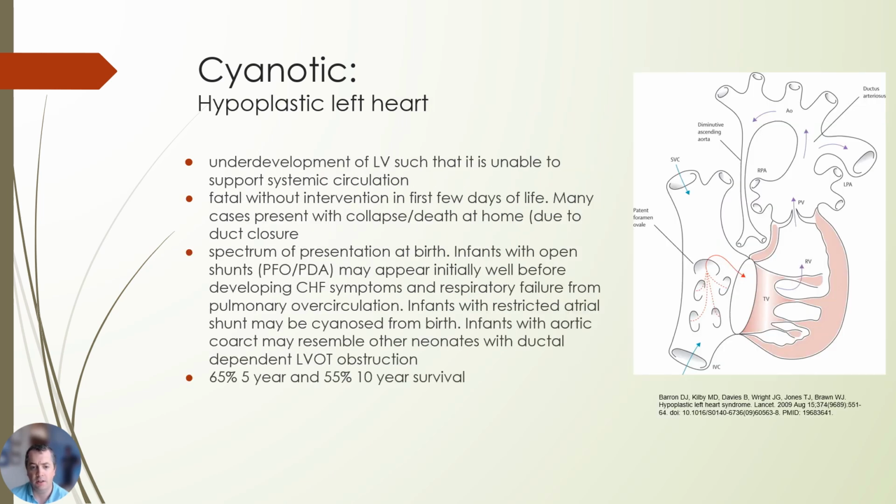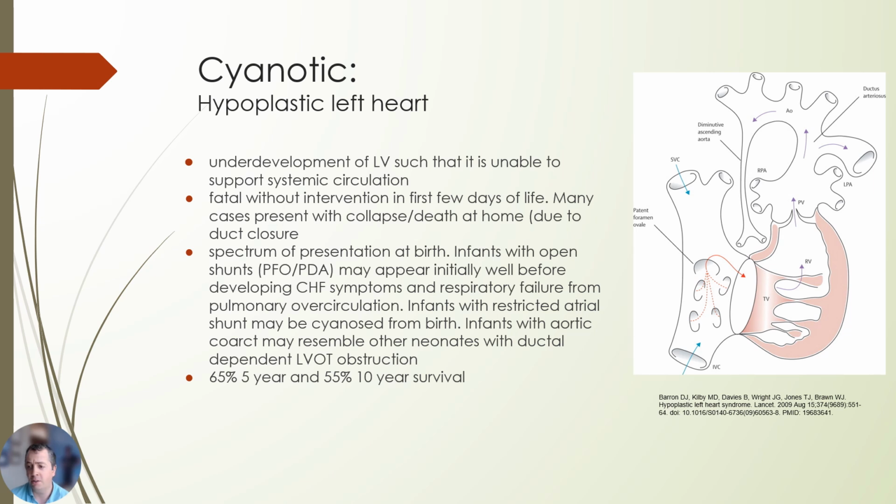Hypoplastic left heart, another cyanotic heart lesion, is underdevelopment of the LV such that it is unable to support systemic circulation. Without intervention in the first few days of life, it's fatal, and in some cases babies collapse or even die due to closure of the duct. There is a spectrum of presentation at birth.